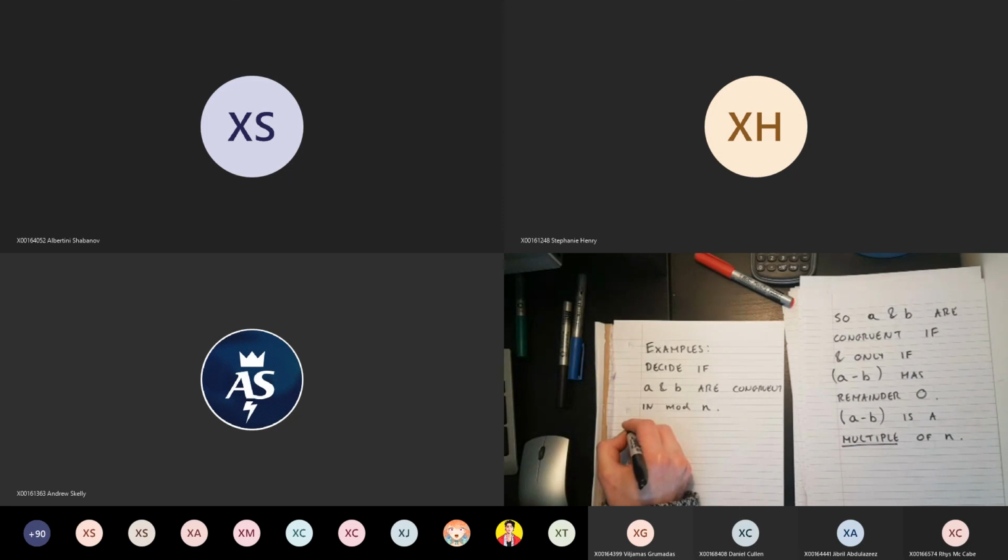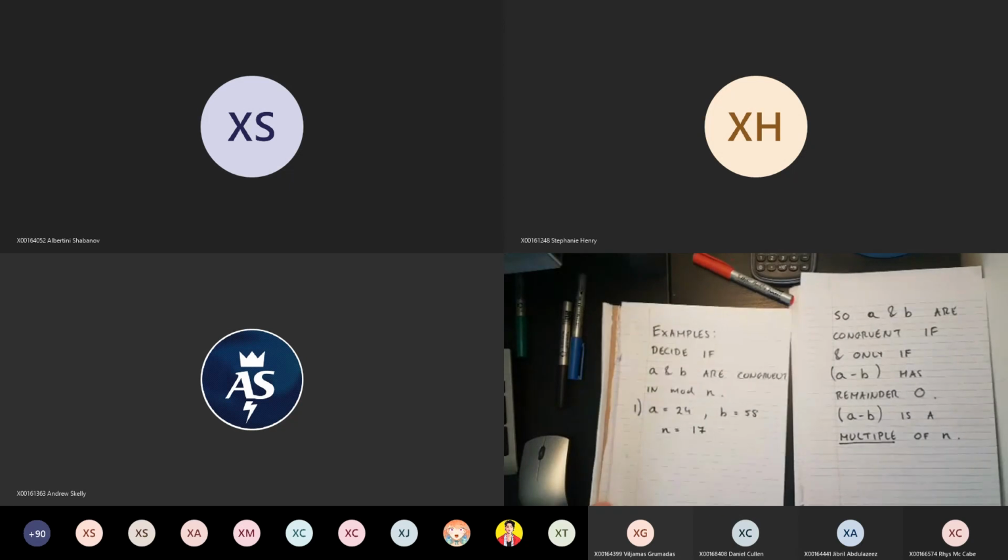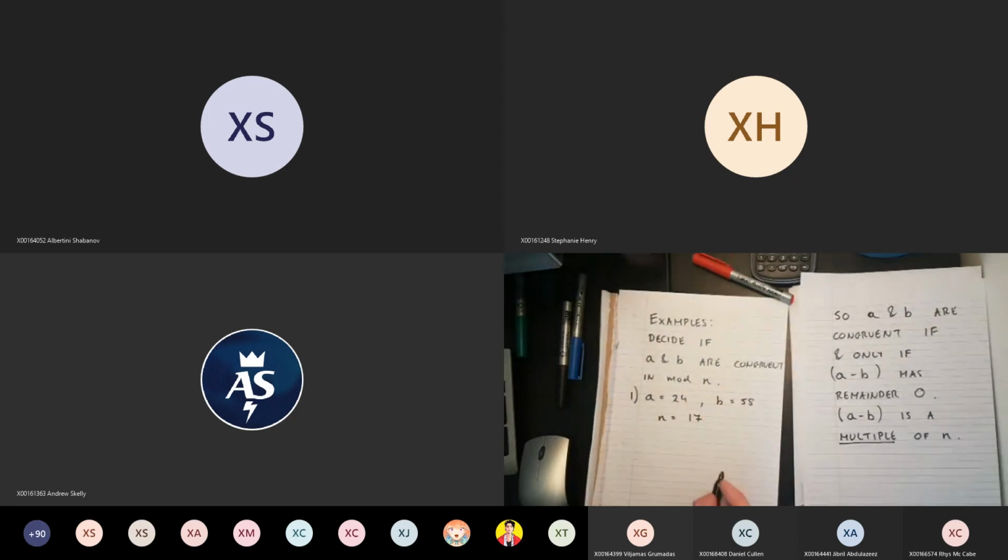Example 1, I'll choose A to be 24. I'll let B be 58. And I will let n equal 17. Well, I'm not going to work out the remainders for either of these. That's computing time that I don't want to spend.